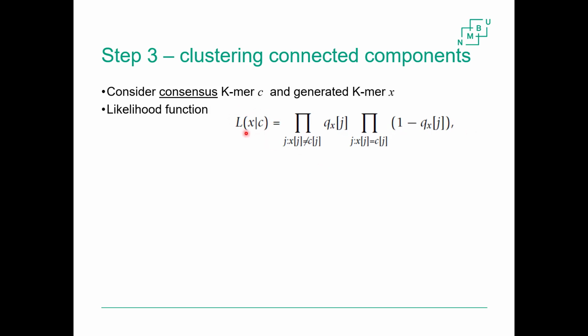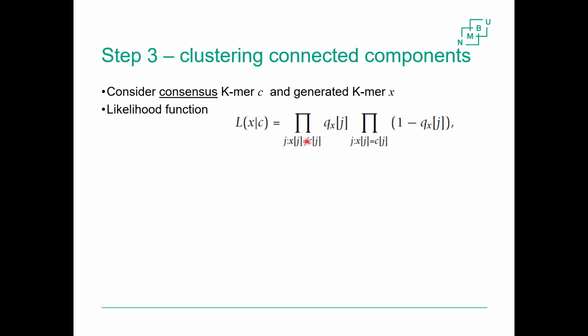And notice now, if this k-mer is equal to the consensus sequence, and the quality scores are very good, so this probability here is very, very small, so it's essentially 1 here. Then you multiply together 1 times 1 times 1 times 1, which is 1.